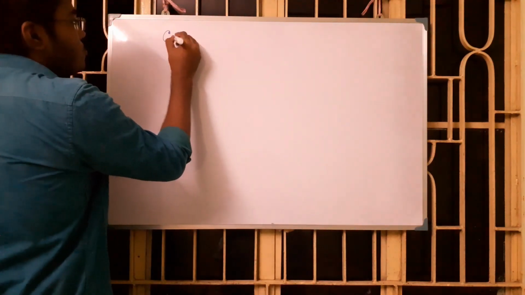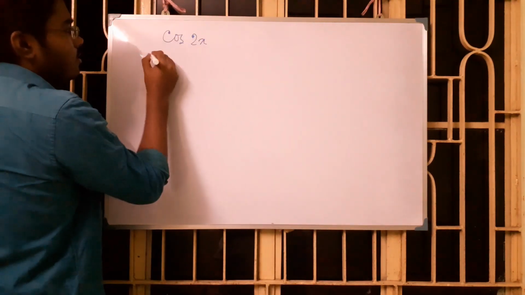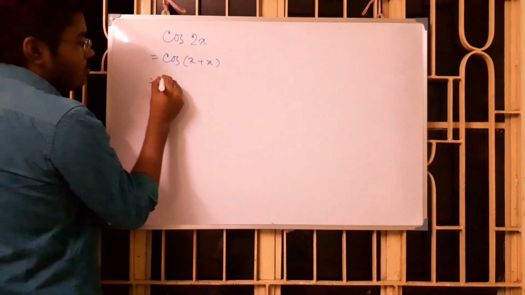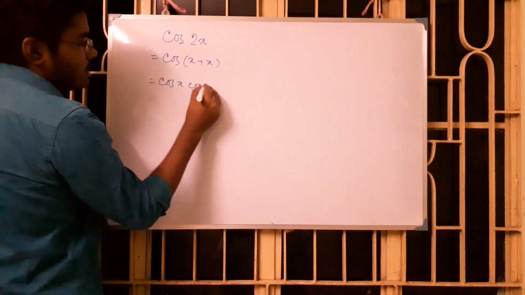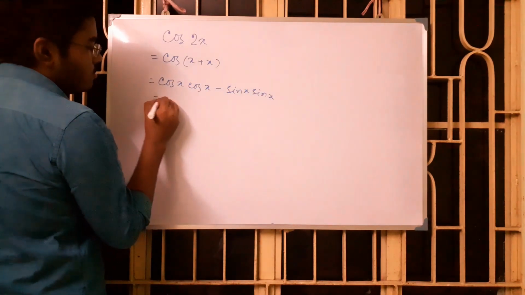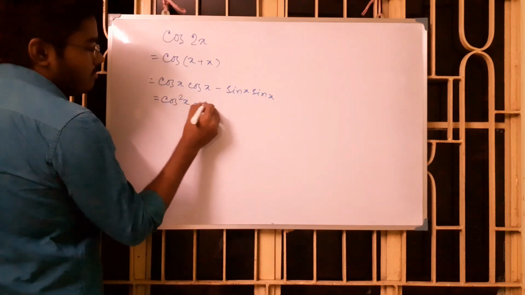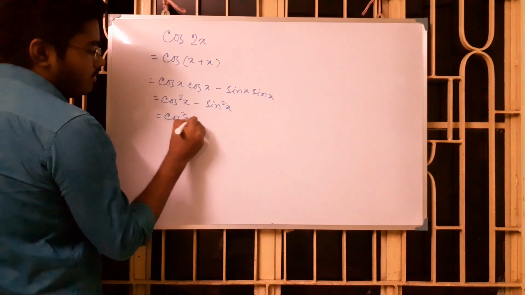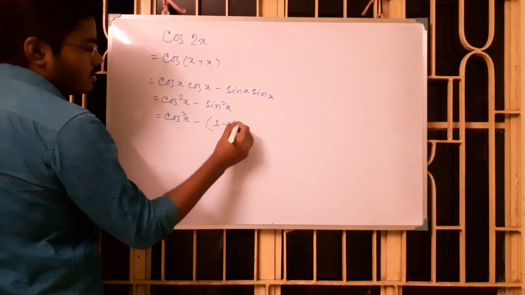What is the value of cos 2x? Cos of x plus x, cos x into cos x minus sin x into sin x. Simple, so cos square x minus sin square x. We can write sin square x as 1 minus cos square x.